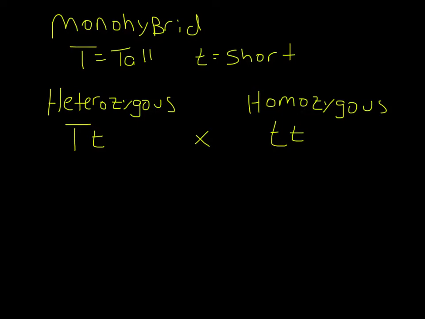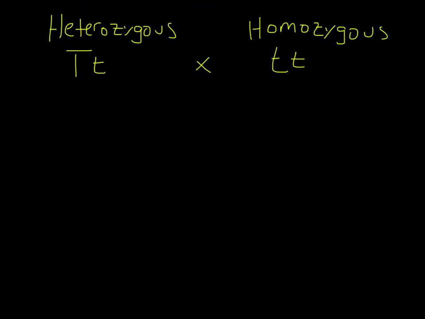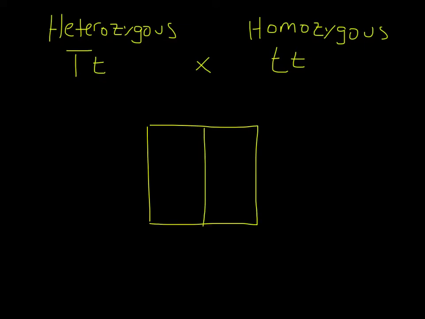So if we do this cross, okay, move this up a little, and I draw my Punnett square, okay, and big T, that came now from here. I have my big T and my little t. And now I'm going to take these and put them down this side. So that is little t.